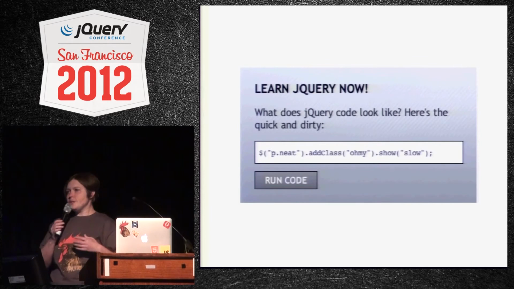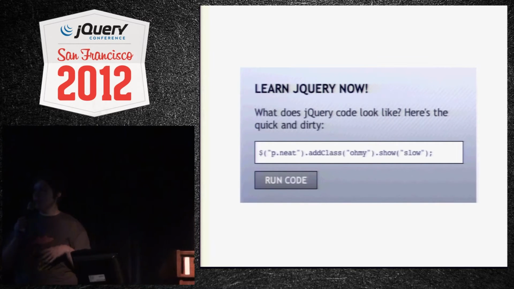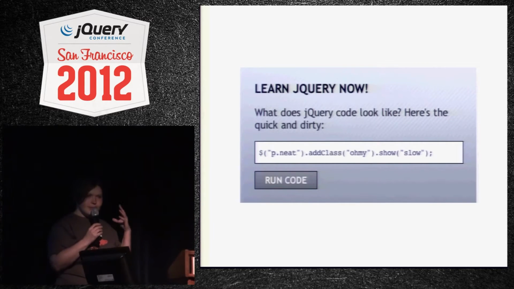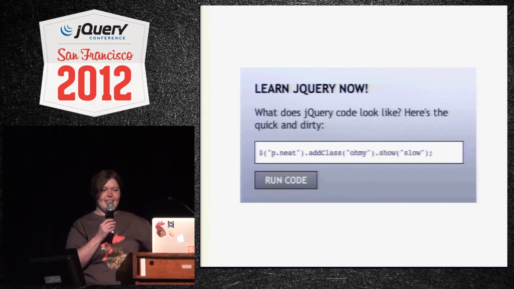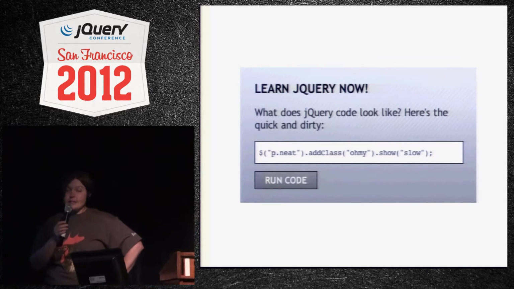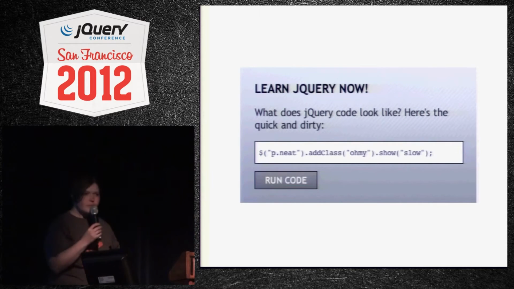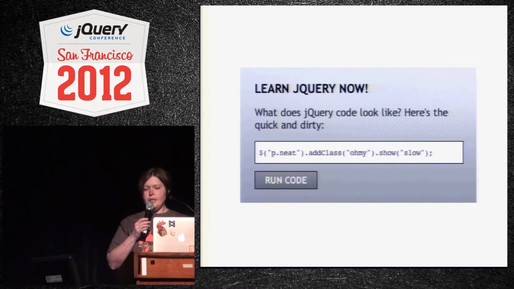So the sweet spot of jQuery, if you go to the home page, you'll see this little box, and this is what seduces everyone, because it's like, that's like English, I can write that. So the sweet spot of jQuery is to get some elements and do something with them. That's the story of jQuery, and that's the principle that you learn with jQuery.